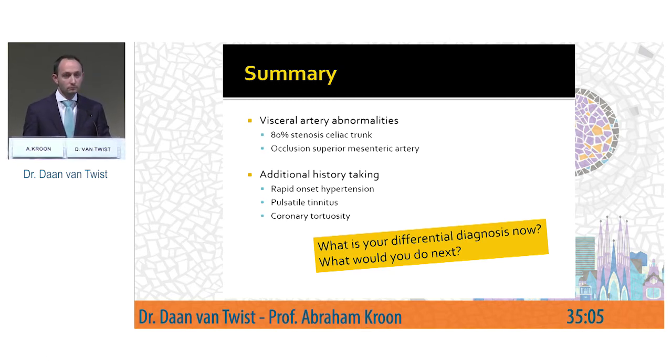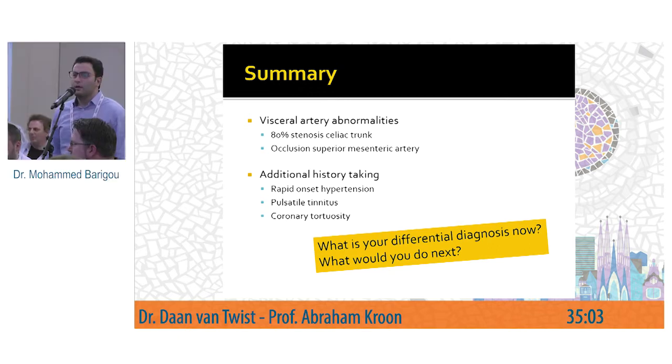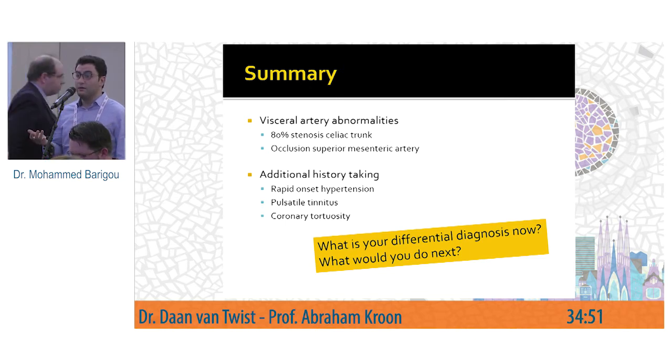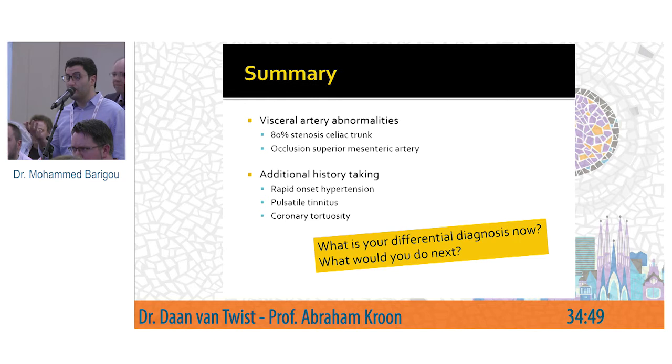Mohamed Barigou from Paris. Given the young age of the patient, the fact that she had multiple vessel involvement, the rapid onset of hypertension and the grade 3 hypertension that is really important, we should seek every secondary cause of hypertension, particularly because there is vessel involvement.